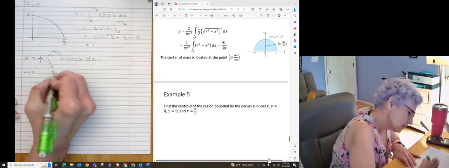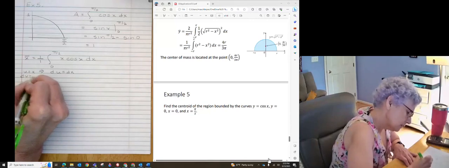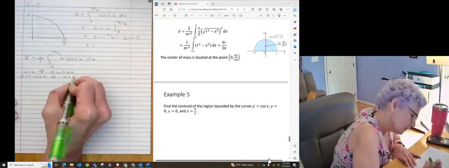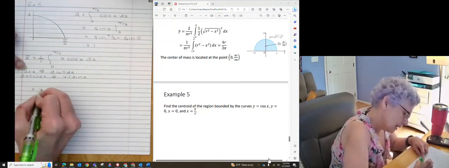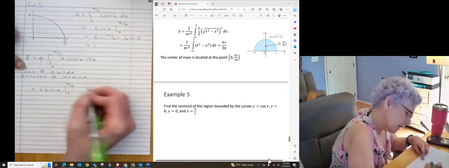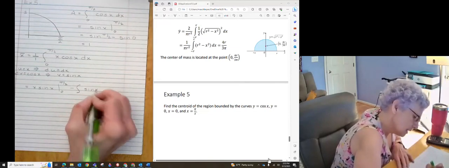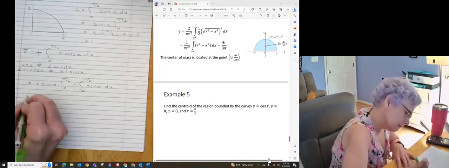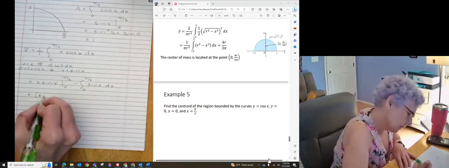U is equal to x, du is dx, dv is cosine, so v is equal to sine, so we have x sine of x evaluated from 0 to pi halves minus the integral of v du, sine of x from 0 to pi halves. So I'm going to go ahead and do my integrating before I plug stuff in.